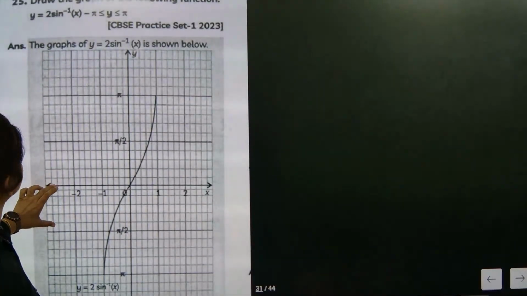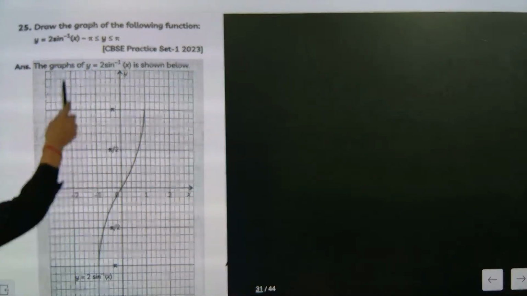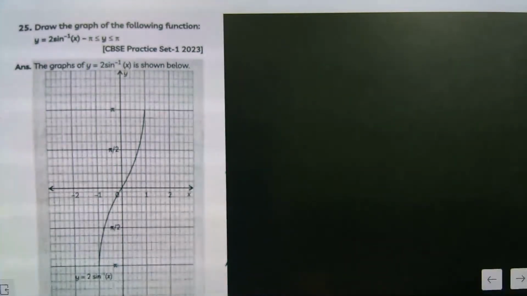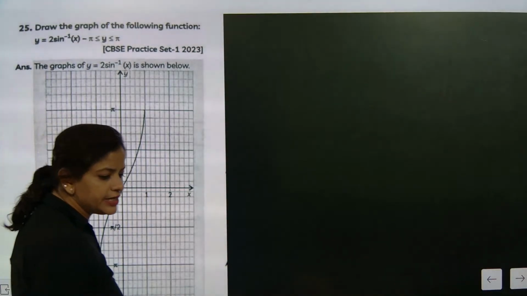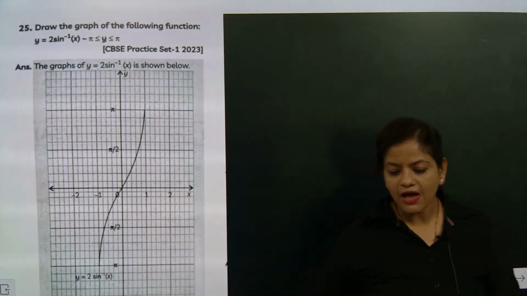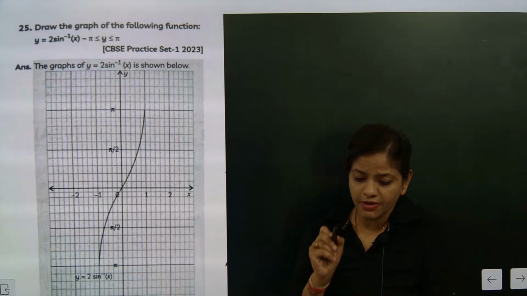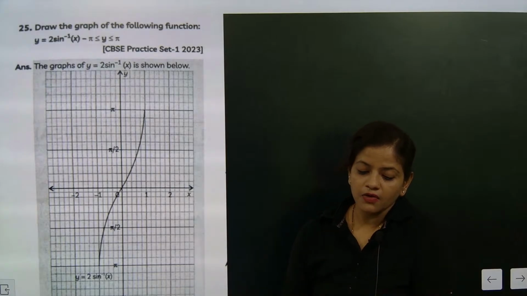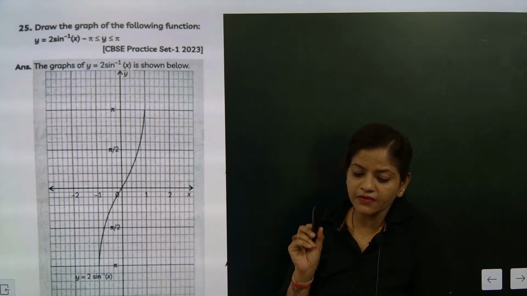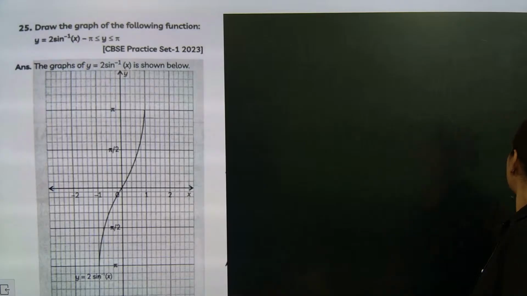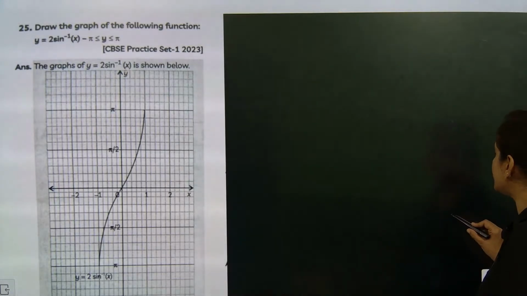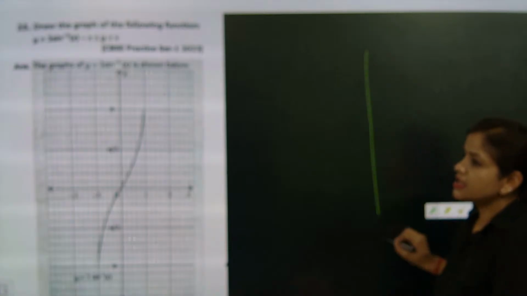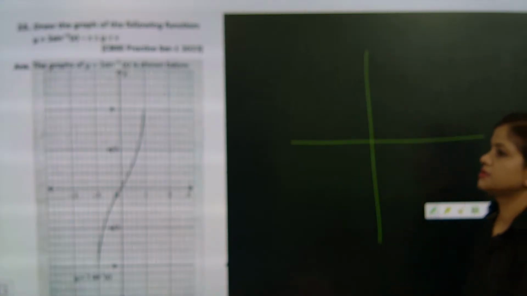The question is this one: draw the graph of the function, CBSE practical set paper 1. For the graph, please remember one thing: everything will be the same. If they are asking sine inverse x, then the graph will be coming.